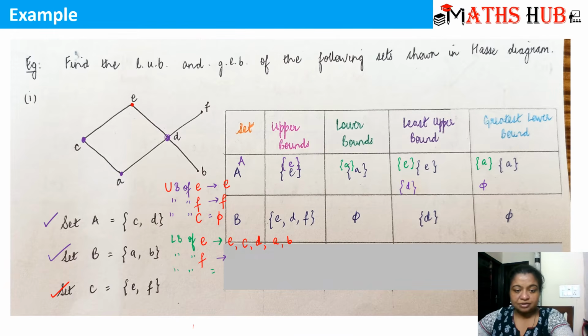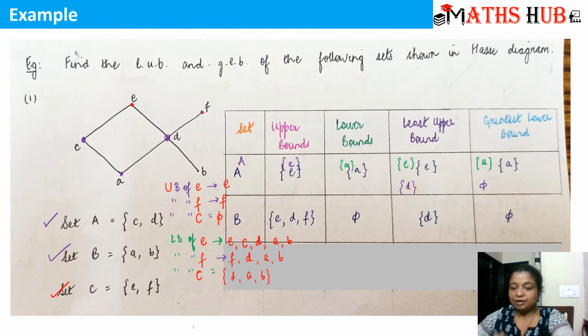The lower bounds of F are F, then we have D, then we have A, and then we have B, right? So now, who are the lower bounds of set C? The lower bounds of set C are, who are the common elements? D is common, A is common, and B is common, right?